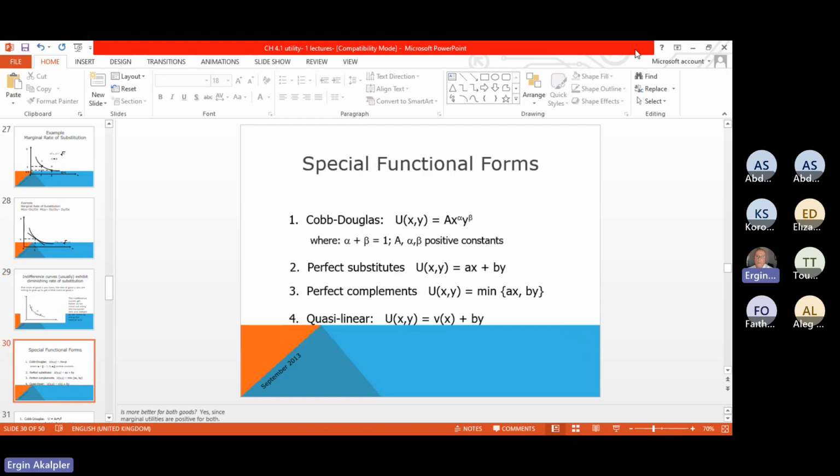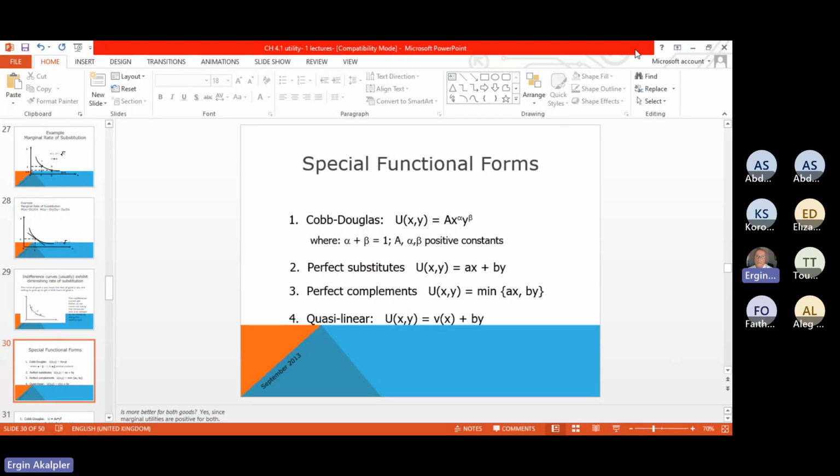And here I gave you some examples of utility functions with different options. There is the Cobb-Douglas, where the utility of x and y is x to the power of alpha multiplied by y to the power of beta, and it is supposed that alpha plus beta is equal to 1. If it is less than 1, it is decreasing. If it is more than 1, it is an increasing function.